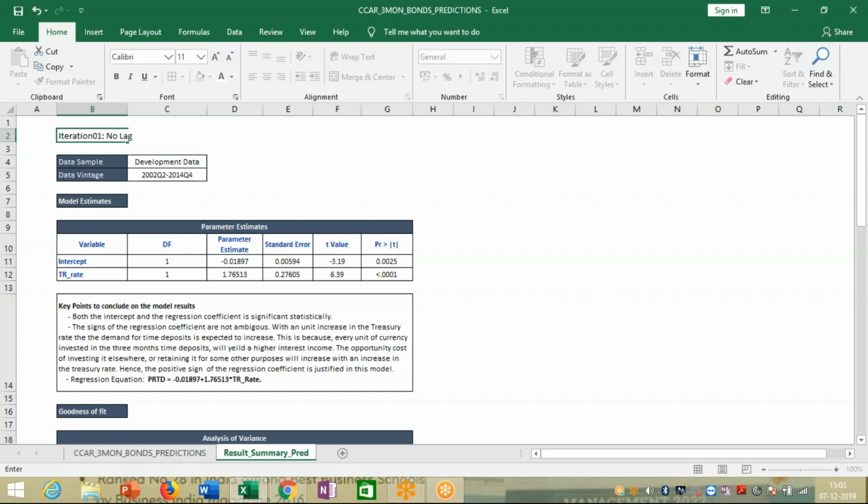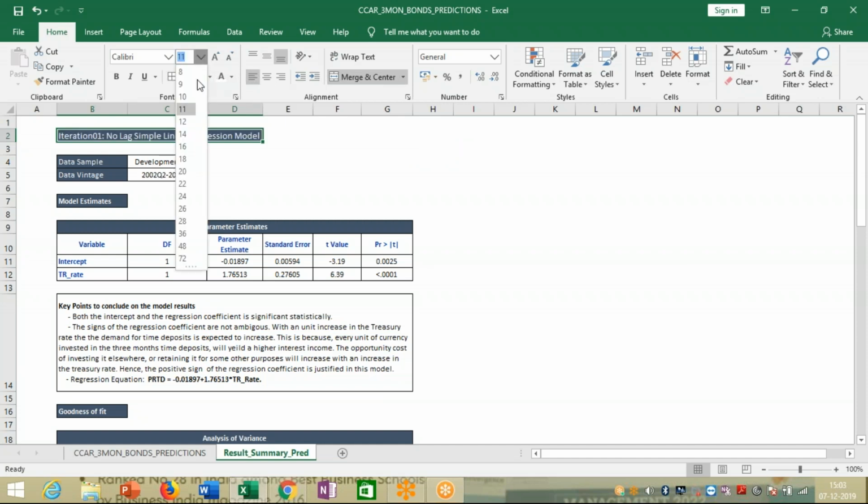This iteration 01 is a no lag, simple linear regression model. Right, so it's a simple iteration.